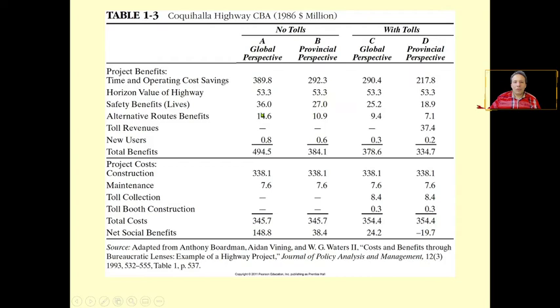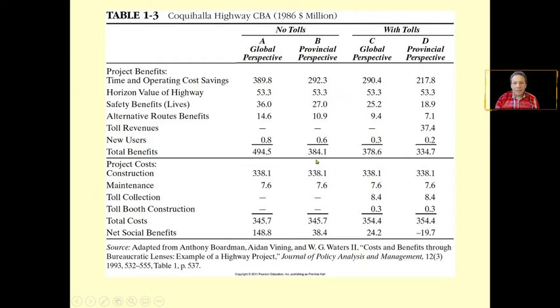The provincial perspective might take into account just the benefits for that region. So we have this again here with tolls and no tolls, and the difference is very clear: the safety benefits with no tolls are actually higher, from both the global perspective and the provincial perspective.